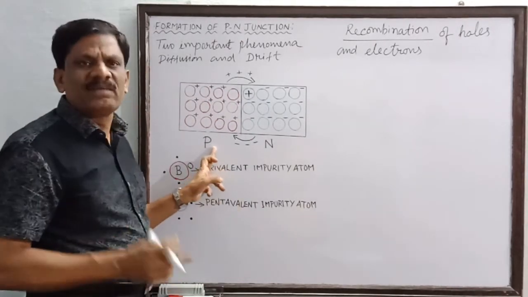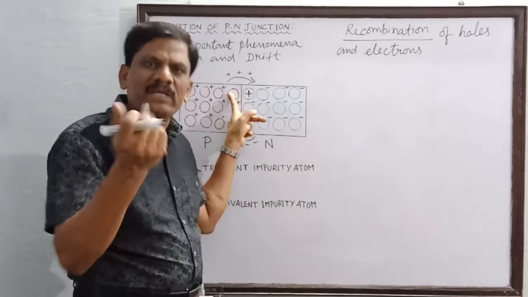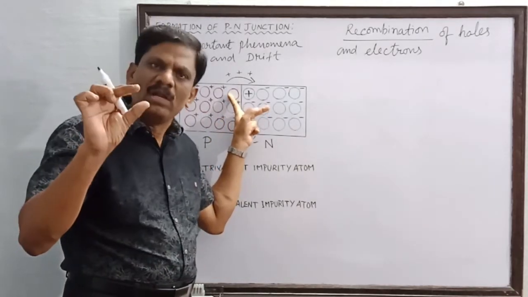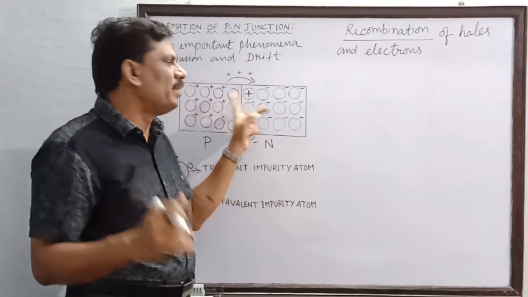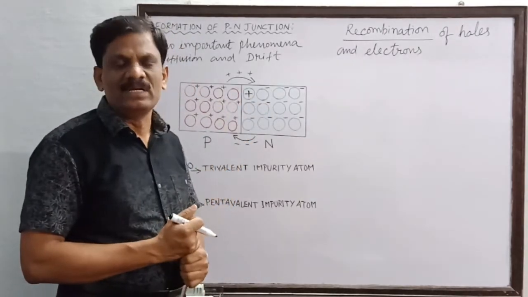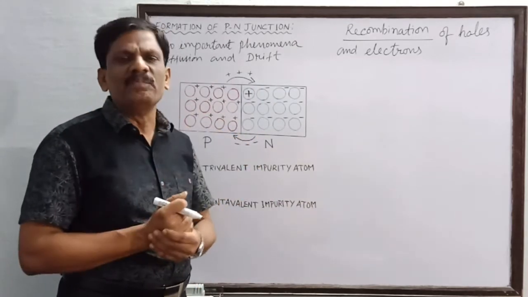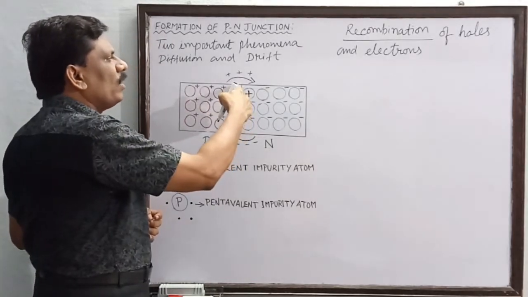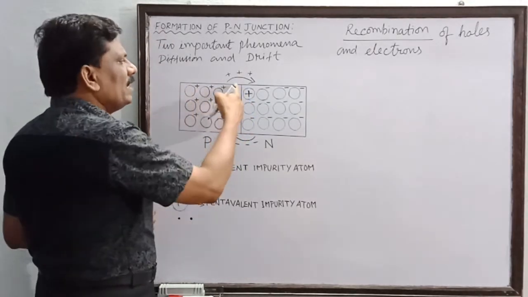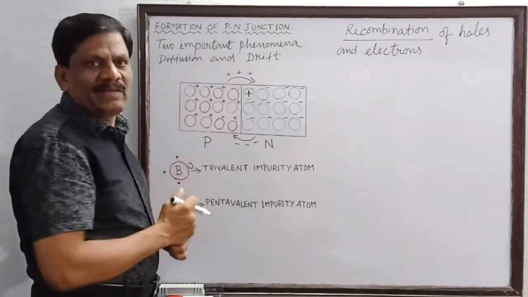Now on the P side of the junction, this trivalent atom has one shortage of electron, which is called a hole. That hole is now occupied by the electron donated by the pentavalent impurity atom. So on the P side of the junction, the trivalent impurity atom accepts 1 electron, and this hole is compensated and recombined with the electron donated by the pentavalent impurity atom.